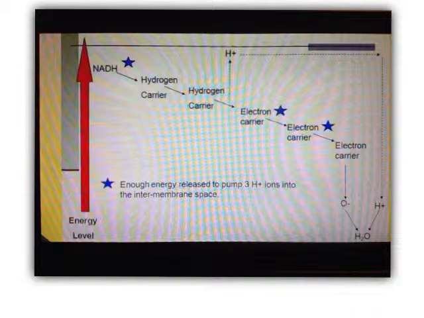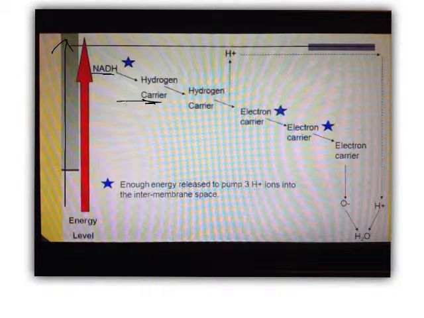If you have a look at this, this is the best way for me to remember it. If you imagine this is an increase in energy level up here, and what you've got is NADH coming in, which is a carrier with hydrogen attached to it. It's quite a high energy molecule with this hydrogen attached to it, and what it's doing is it's basically passing the hydrogen onto another hydrogen carrier. Again, you don't need to know all the names of them, but you do need to know that this second hydrogen carrier is at a lower energy level than the first one.